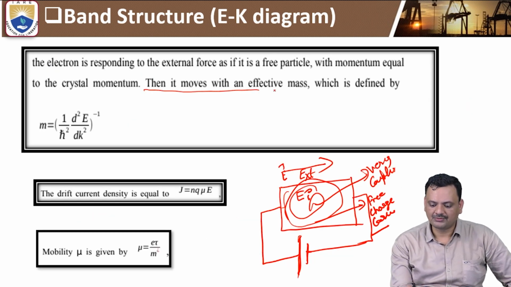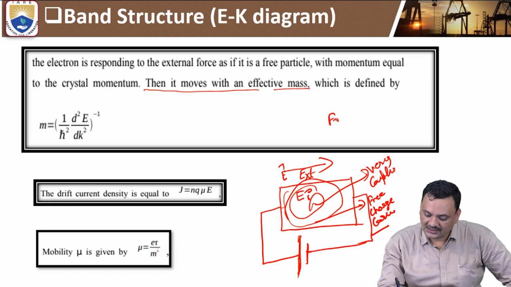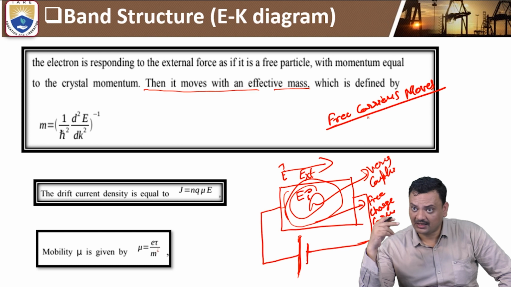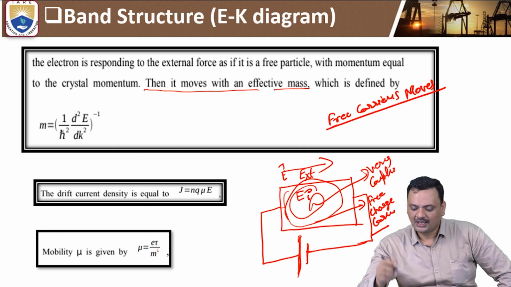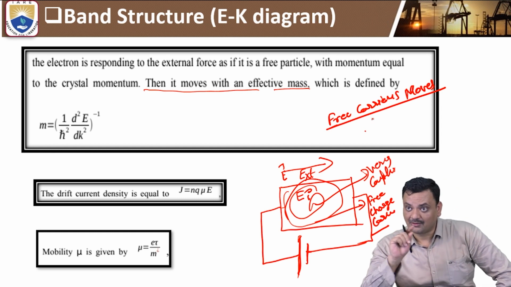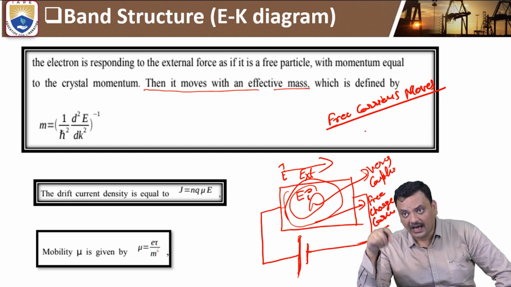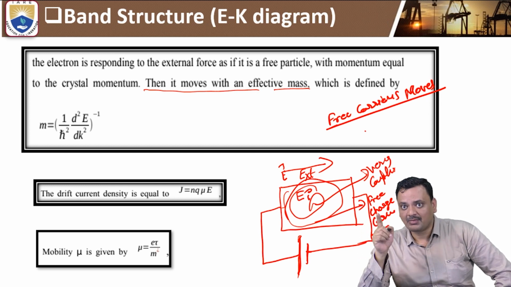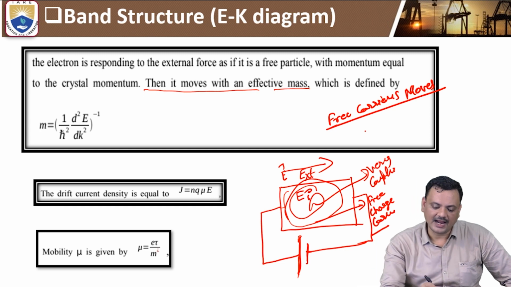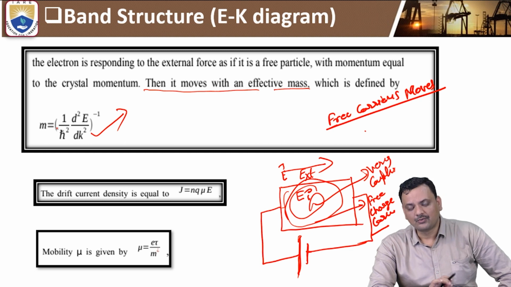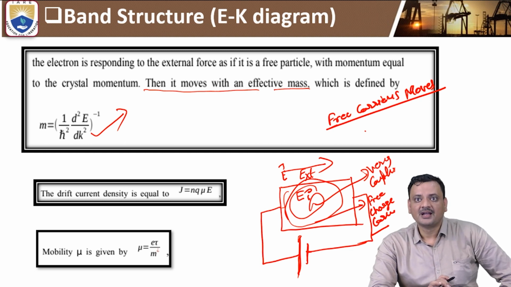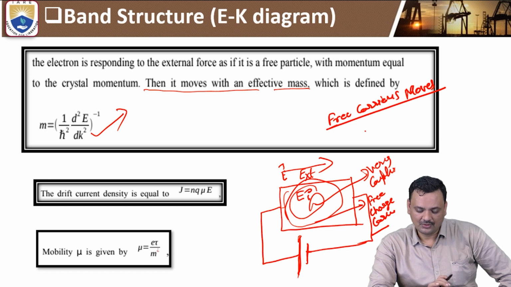So when the free charge carriers move, obviously they have some velocity and also mass. At that time, when the free charge carriers are in motion, the mass is known as the effective mass, and its value is given by the formula m equal to 1 upon h cross square times d2E upon dk2, inverse.